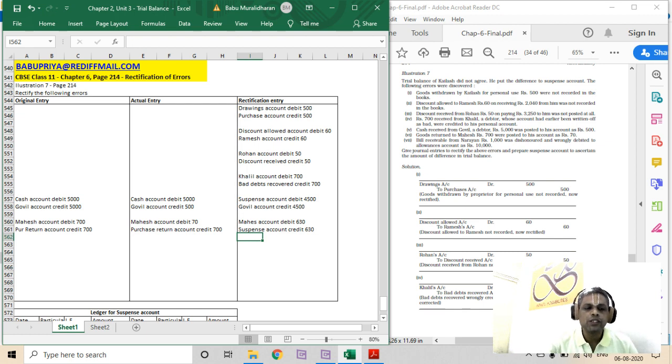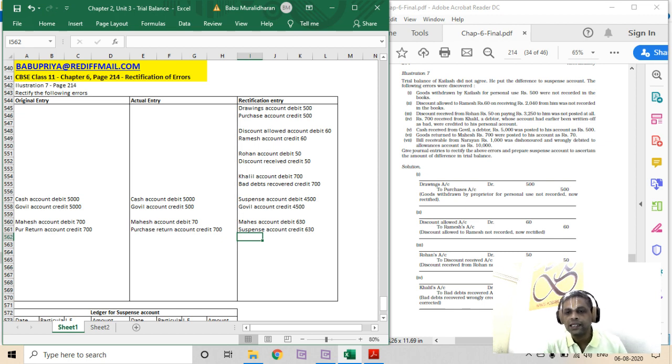Because it is posted to purchase return account correctly. The error has happened only on the Mahesh account. You can see here, goods returned to Mahesh 700 was posted to his account as rupees 70. It means that goods returned or purchase returned is accounted correctly.